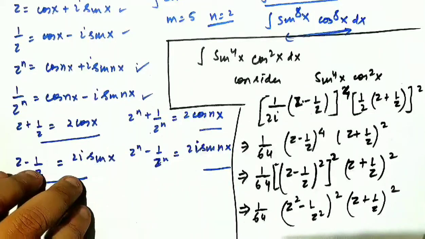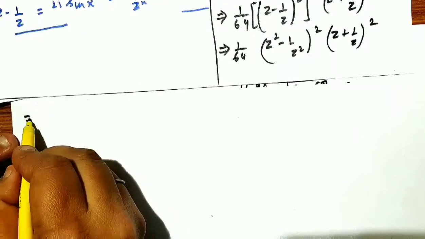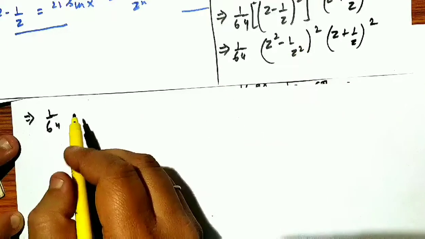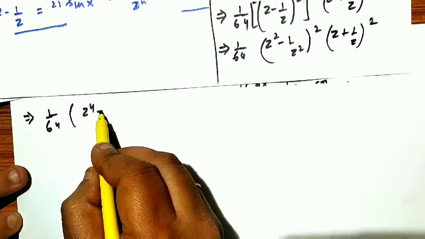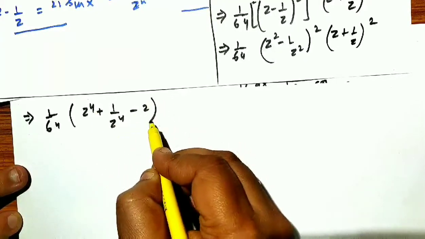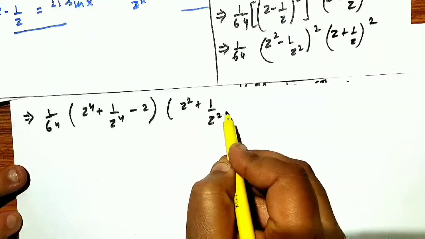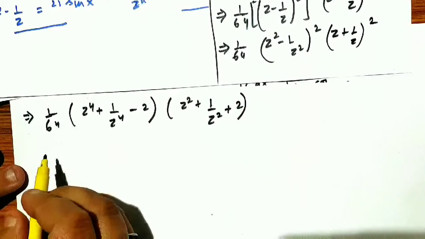Okay, so now we move ahead. So what will its value be, that will give you 1 over 64, and the square must be opened. So the square is z to the power 4 plus 1 over z to the power 4 minus 2, and this will be z square plus 1 over z square plus 2. It is okay, just a simple formula.